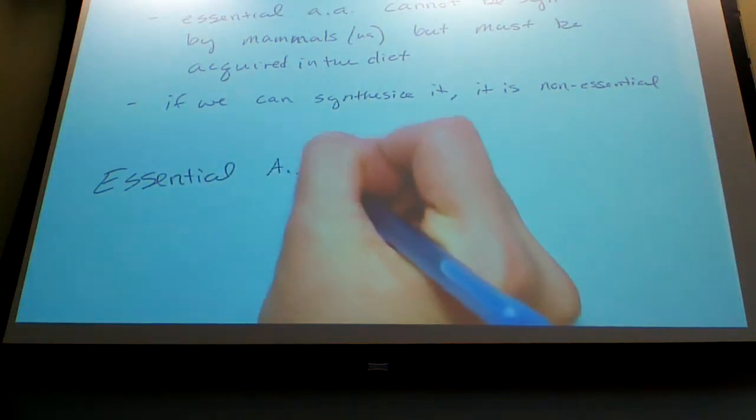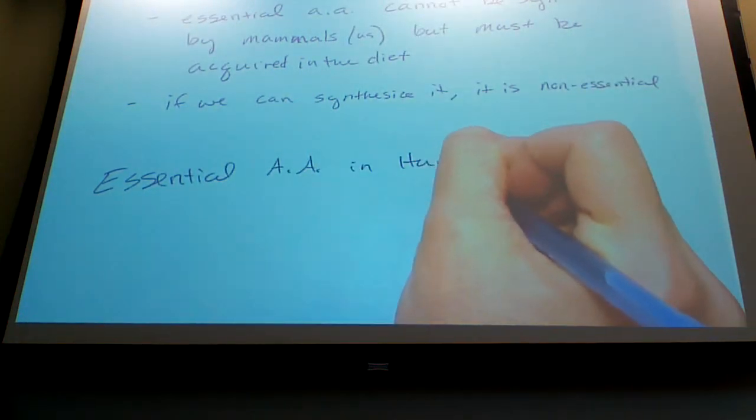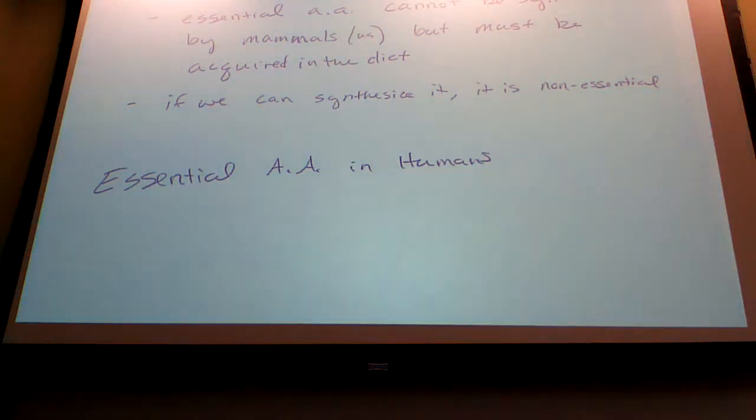Essential amino acids in humans. Anybody know one? Phenylalanine, I think. Phenylalanine. I know there's an acronym for it. There's 10 total, right?